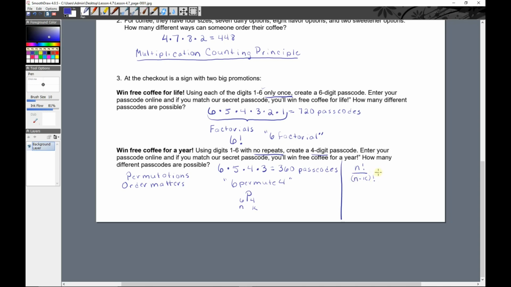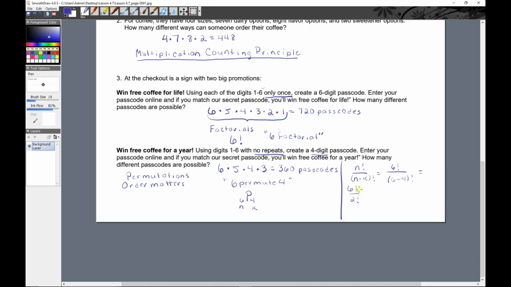N here is the biggest number, which is 6. So the numerator is 6 factorial. The denominator is 6 minus 4, but that'll also be a factorial. So that'll be 6 factorial over 2 factorial.